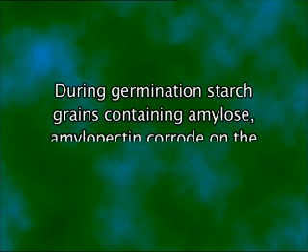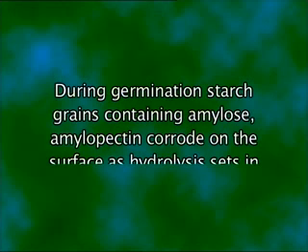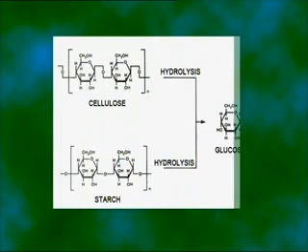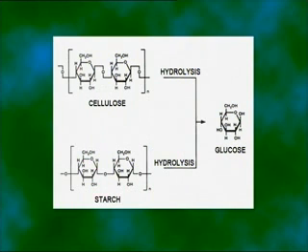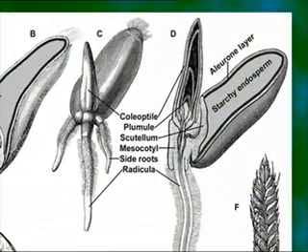During germination of seed, starch grains containing both amylose and amylopectin become corroded on the surface as hydrolysis sets in. Starch is normally broken down by alpha and beta amylase, and a mixture of maltose and glucose is formed. In cereals, the breakdown of endosperm reserves depends upon the enzyme secreted by the aleurone layer.